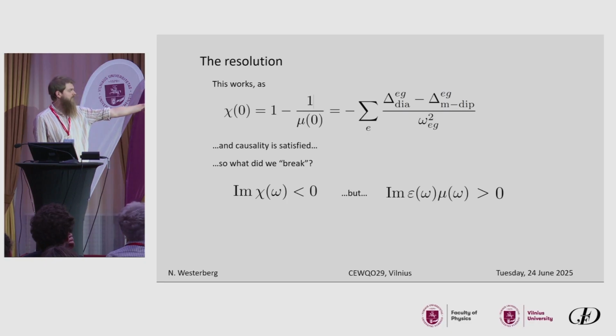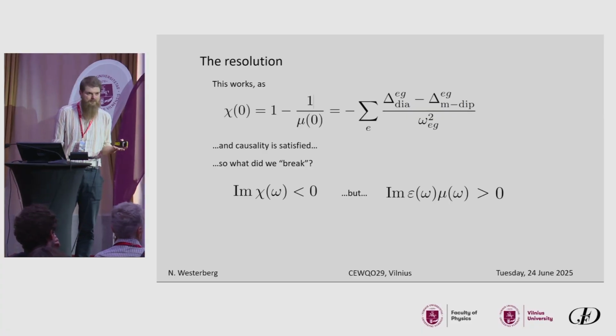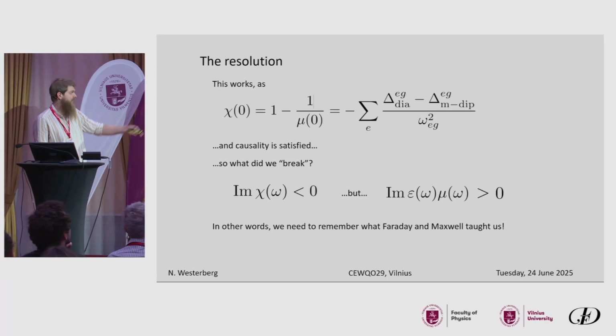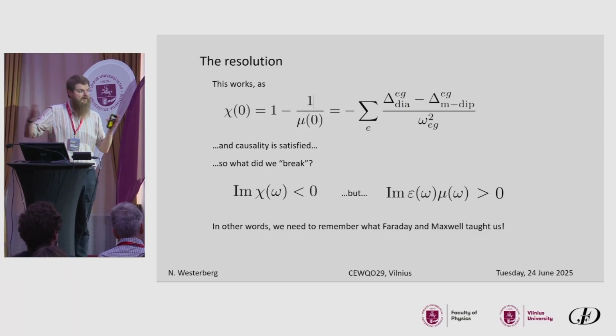However, your waves are still absorbed, so who cares, basically. This is really what you have to care about: you have to make sure that you're not, in general, gaining energy. In other words, we have to remember what Faraday and Maxwell taught us a good 150, 160 years ago, that magnetism and electricity really don't come by themselves, even if we're talking statics.